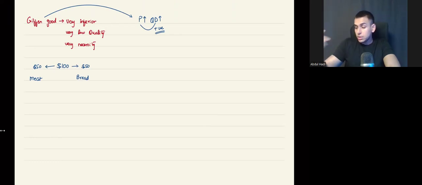Now, let's assume the price of meat is $50 and the price of bread is $10. Right? Now, according to the allocation of income, I am able to buy 1 unit of meat and 5 units of bread.